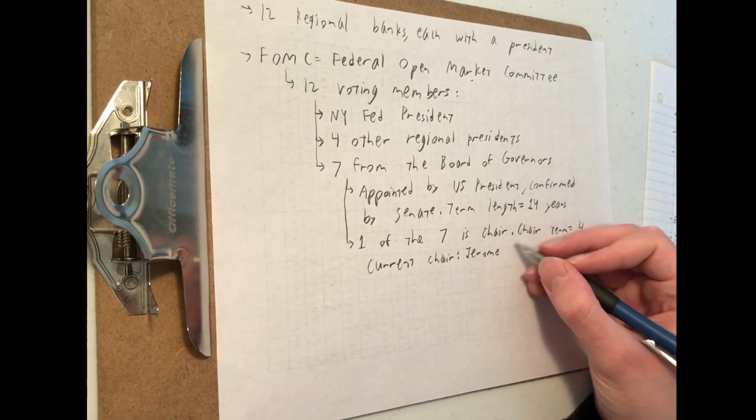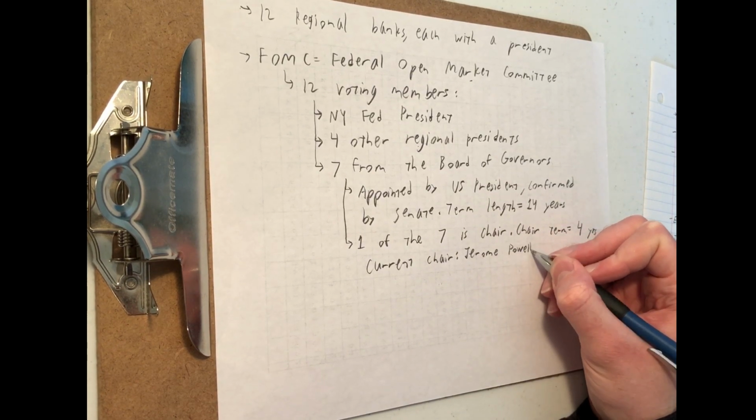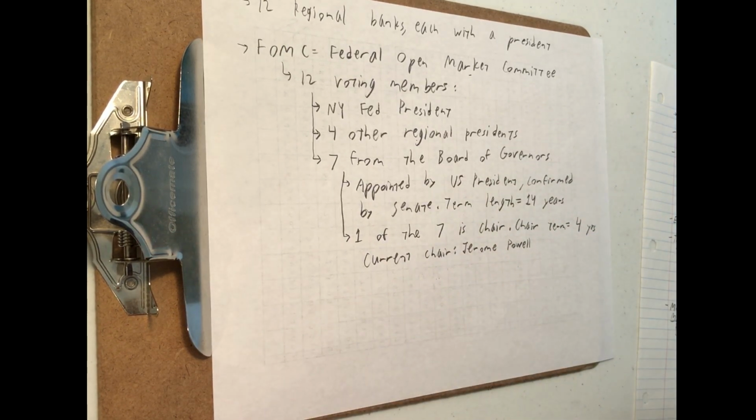Jerome Powell has been chair for more than 4 years. He got 1 4-year term, and then he got reappointed again. He was originally appointed by former President Trump and then reappointed by President Biden.